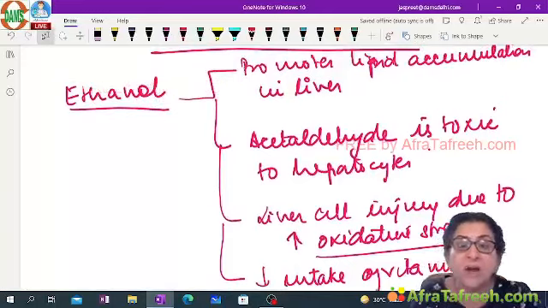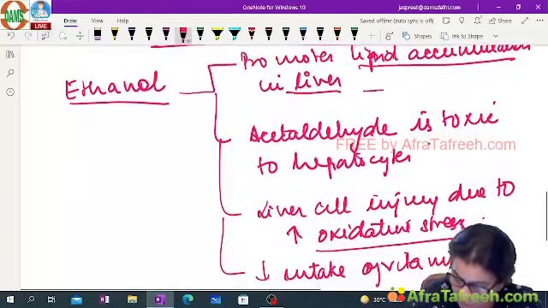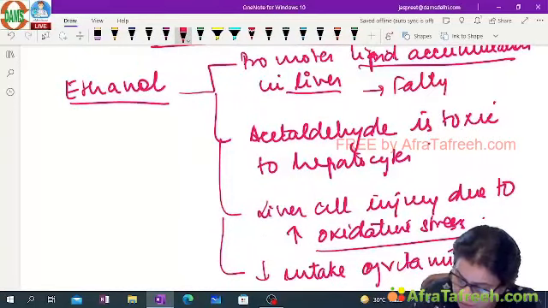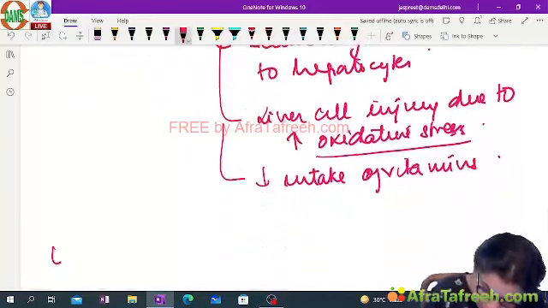Now let us see how the liver develops fatty change, that is lipid accumulation. How does this happen?